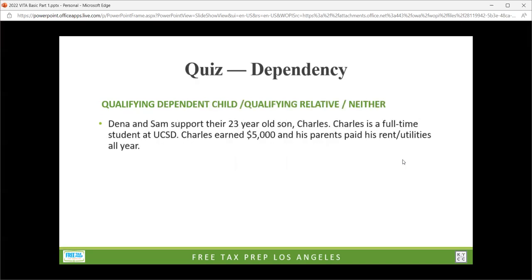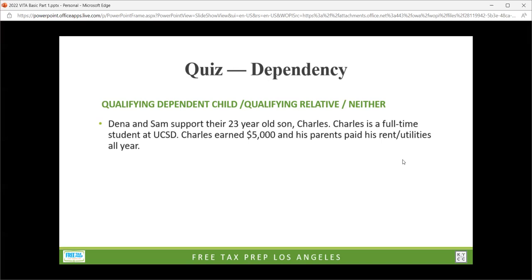Okay, let's see here. Who qualifies as a dependent child or qualifying relative, or neither? Dina and Sam support their 23-year-old son, Charles. Charles is a full-time student at UCSD. Charles earned $5,000 and his parents pay his rent and utilities all year. Can Dina and Sam claim their son as a dependent child or a qualifying relative?